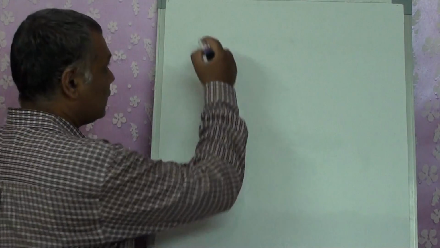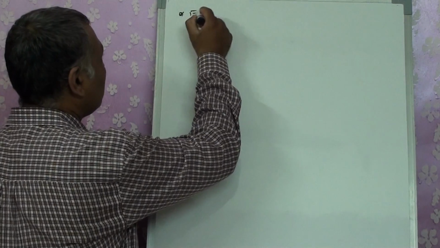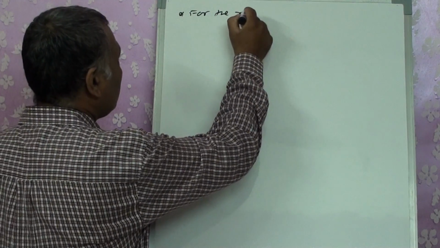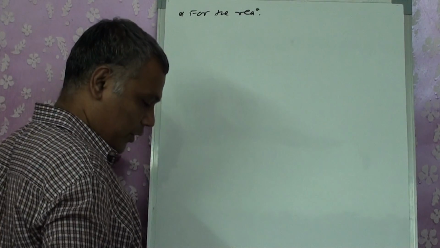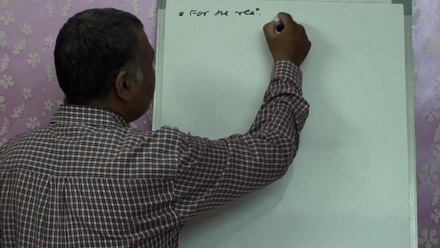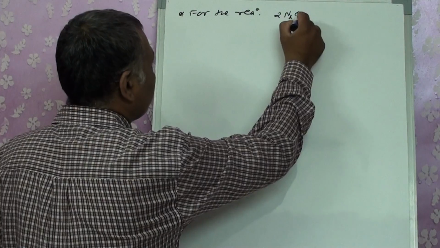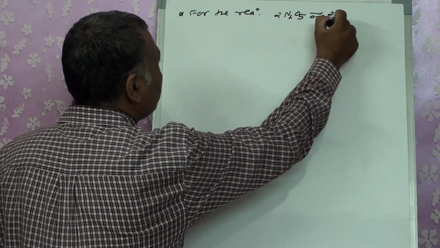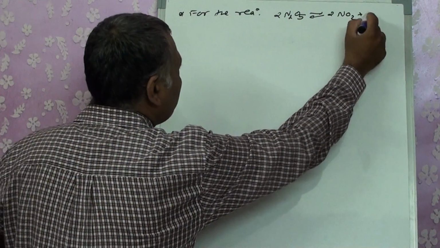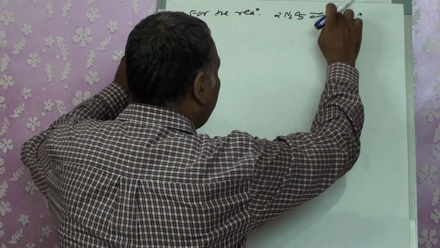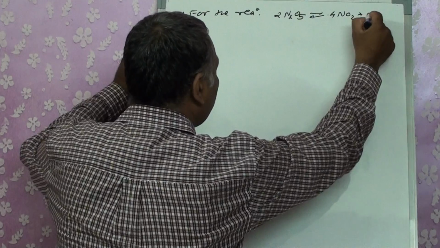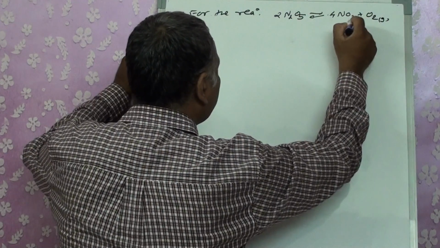For the reaction, the reaction is given to us: 2N2O5 changes to 4NO2 plus O2.